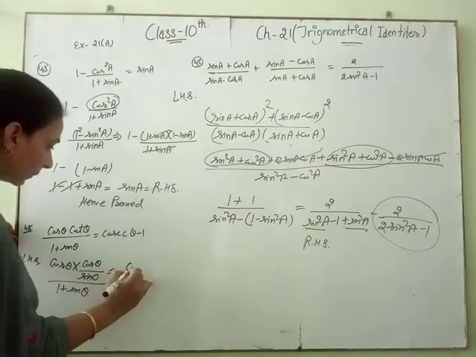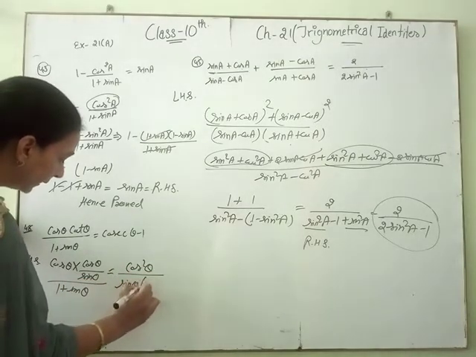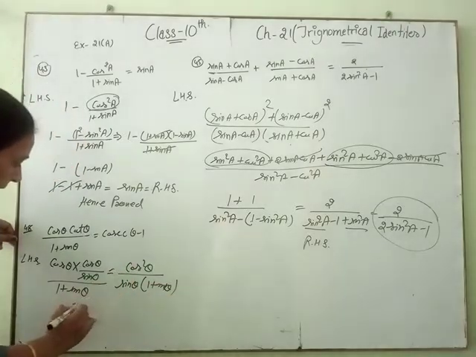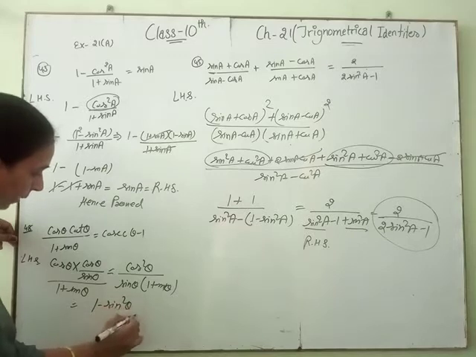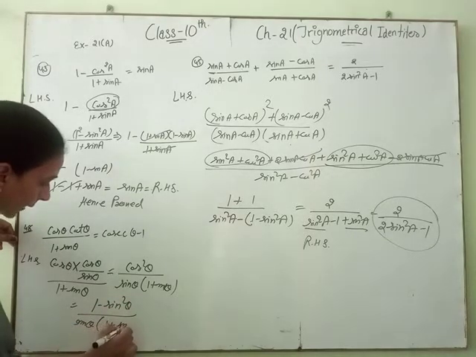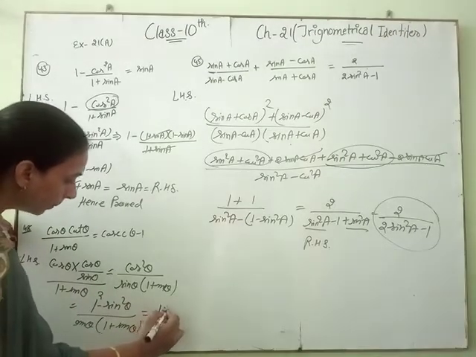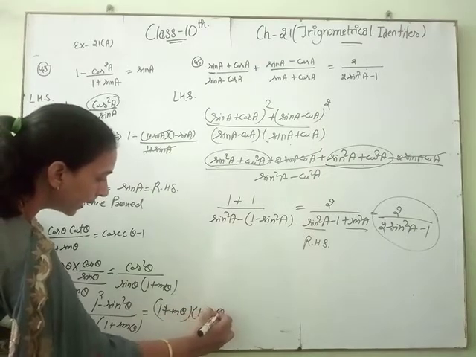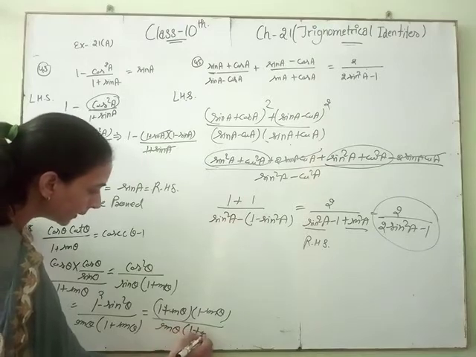Cos into cos gives cos square theta, then denominator sin theta and 1 plus sin theta. We write cos square theta as 1 minus sin square theta by sin theta into 1 plus sin theta, and this equals A square minus B square, 1 plus sin theta and 1 minus sin theta by sin theta into 1 plus sin theta.